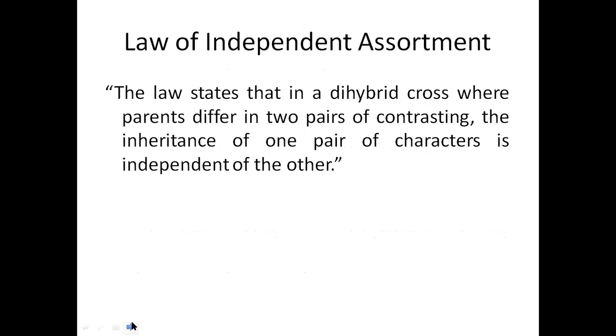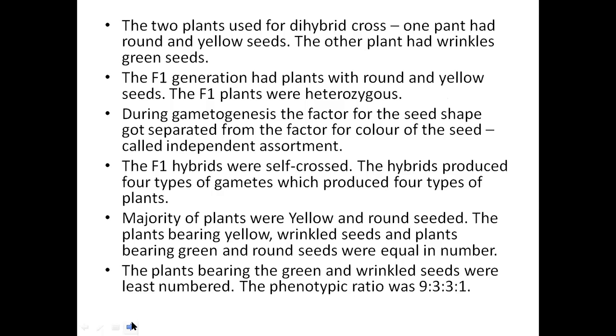The law states that in a dihybrid cross, where parents differ in two pairs of contrasting characters, for example here the shape of the seed and the color of the seed, so these two factors we are considering at a time, the inheritance of one pair of characters, whether it is round shape, yellow color, or wrinkled shape, green color, is independent of the other factor that is present. That is what the law of independent assortment proposes.